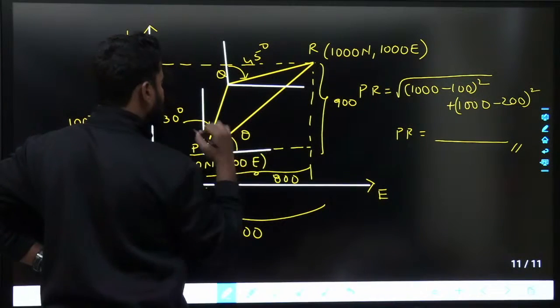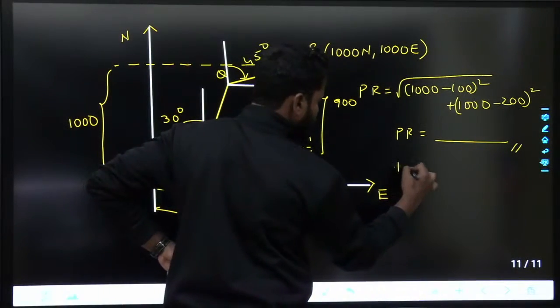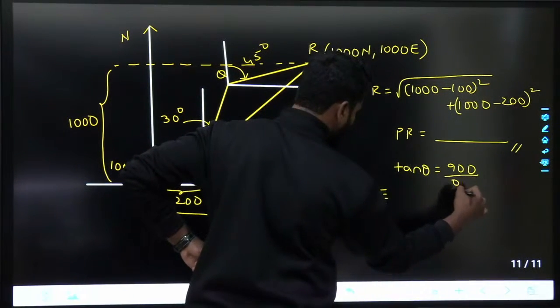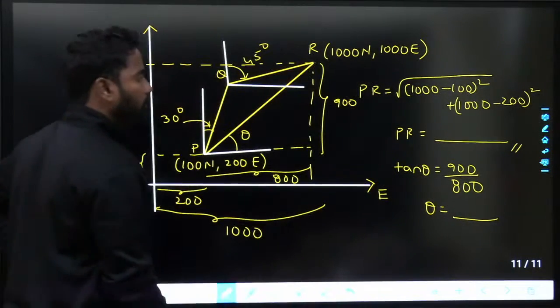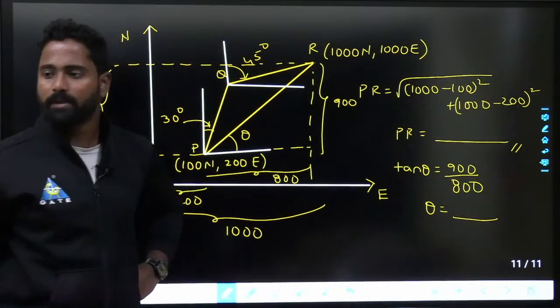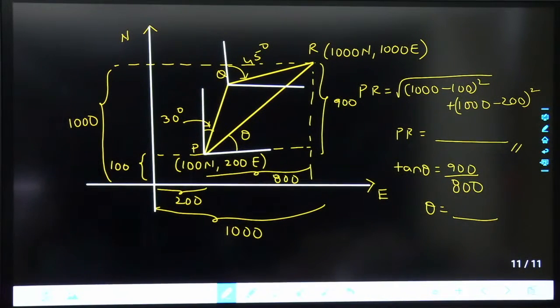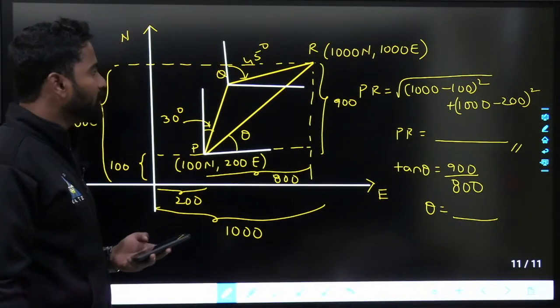If I take this as some theta, tan theta equals 900 upon 800. What is the value of PR? What is the value of theta? Please tell me. 273 degrees. What is 273 degrees, man?